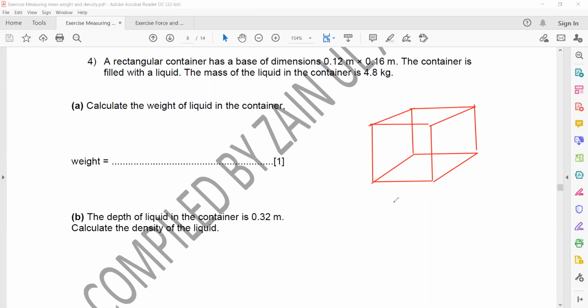The dimensions of the container, the sides of the container, one is 0.12, another one is 0.16 meter.